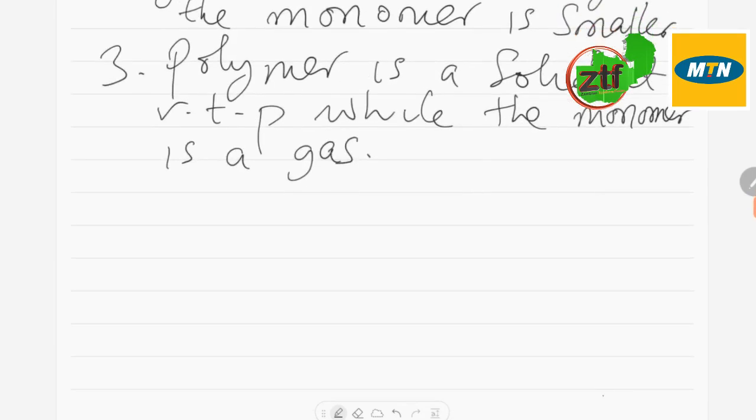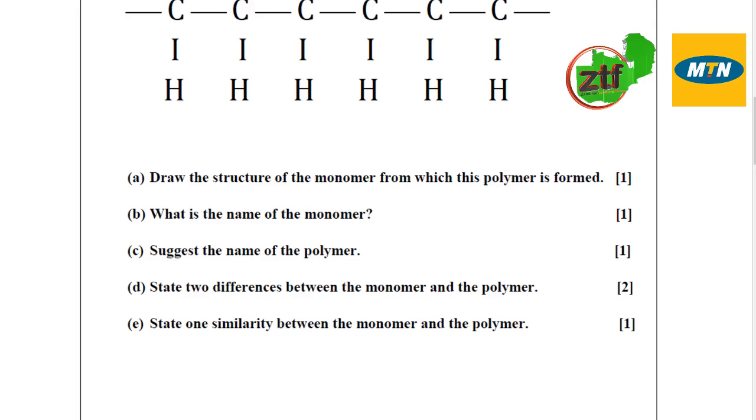We can now look at the last question, which is E. The question reads, state one similarity between the monomer and the polymer.